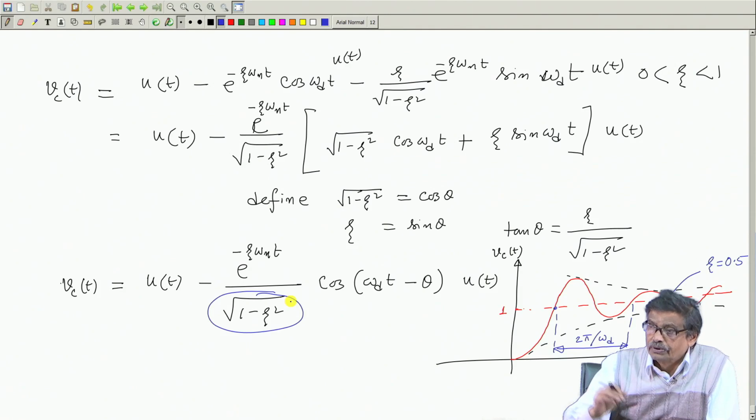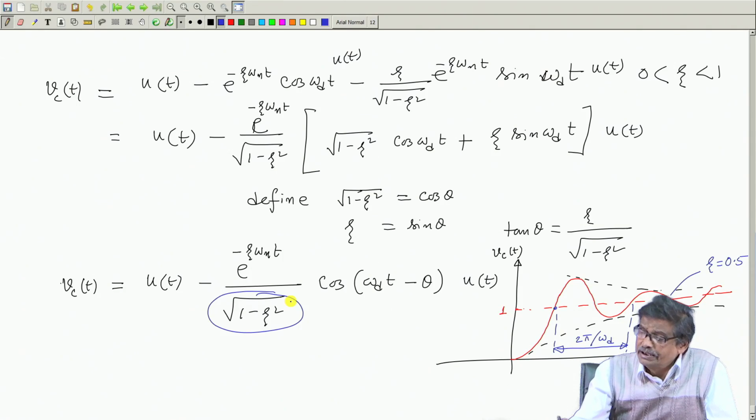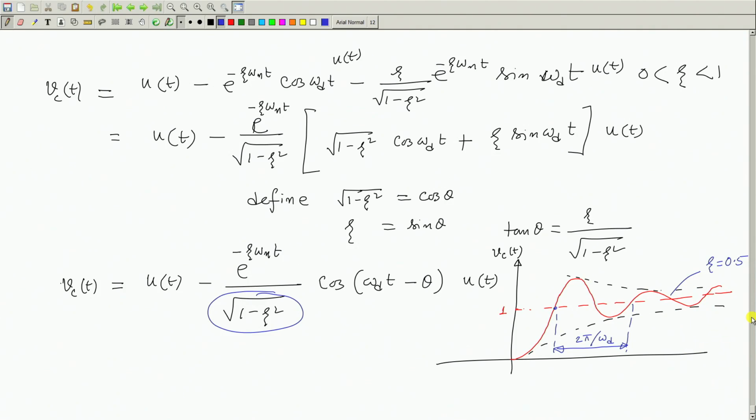So, the amplitude of oscillations in the underdamped case will further grow, and finally, when zeta is made 0, there will be sustained oscillations. And if zeta is equal to 1, it will exponentially attain this value, no oscillations, no overshoot, undershoot, and it will continue like this.